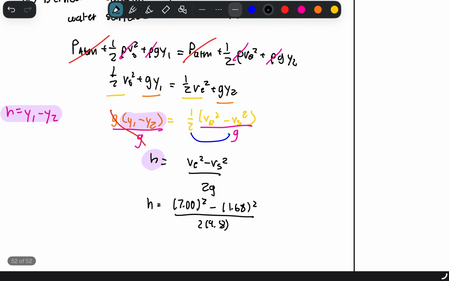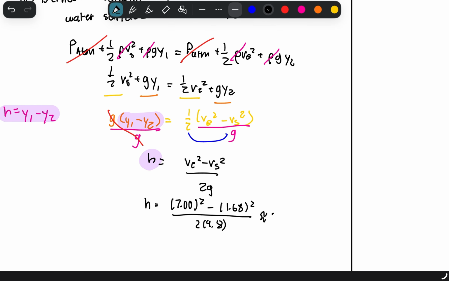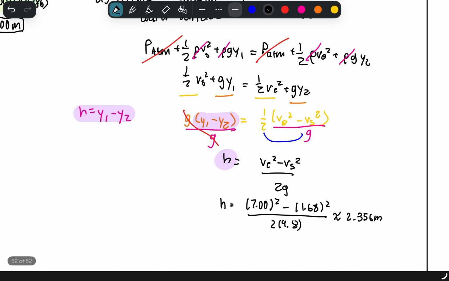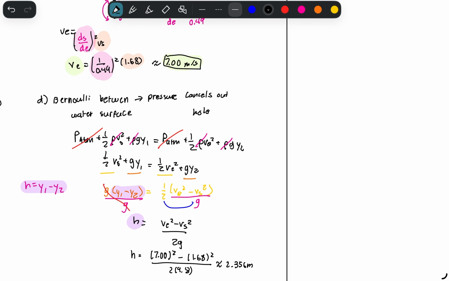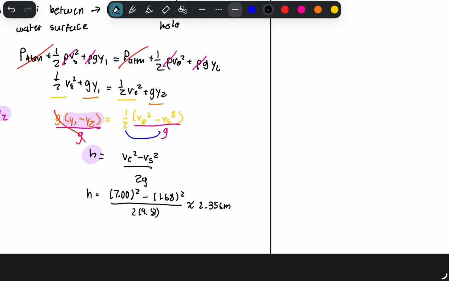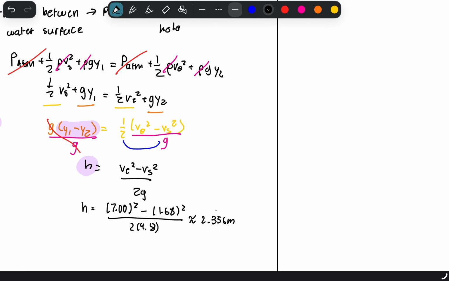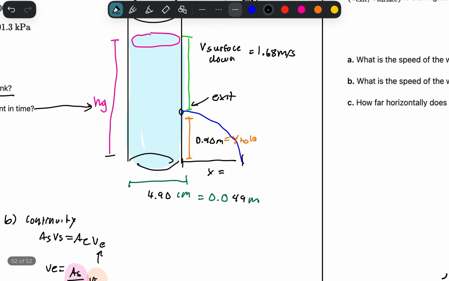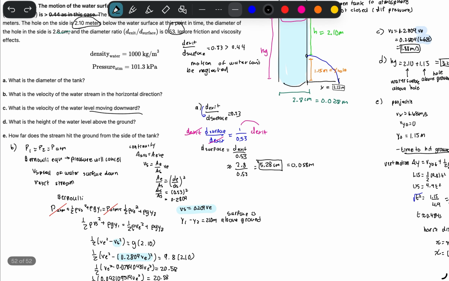Now, if you simplify this, this is just equal to 2.356 meters. Now, we know that the water surface is going to be 2.356 meters above the hole. So that's our water surface. Was this for this question?